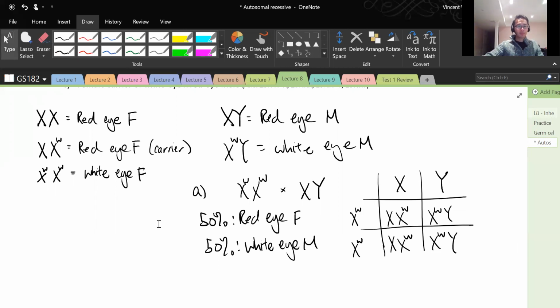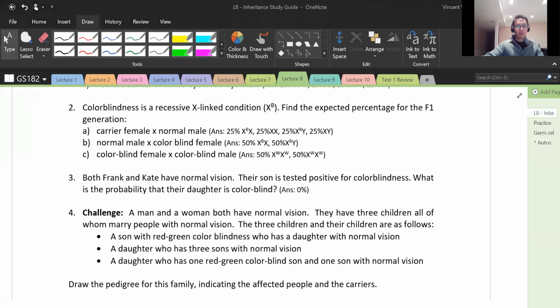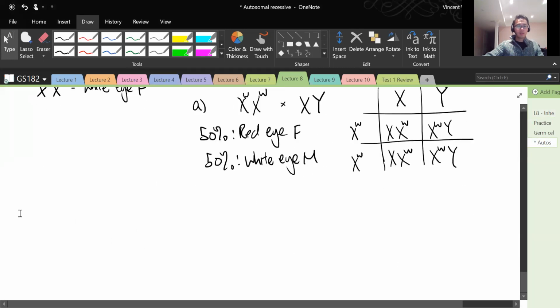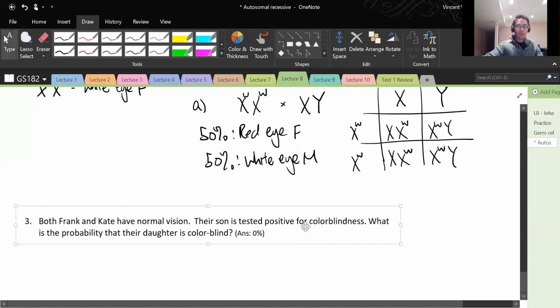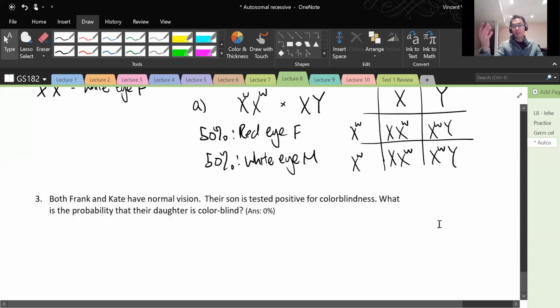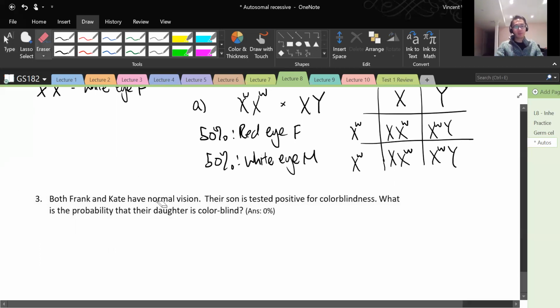I will do another one. Both Frank and Kate have normal vision. Color blindness is X-linked. Okay, you should know that. I talked about it in the lecture.